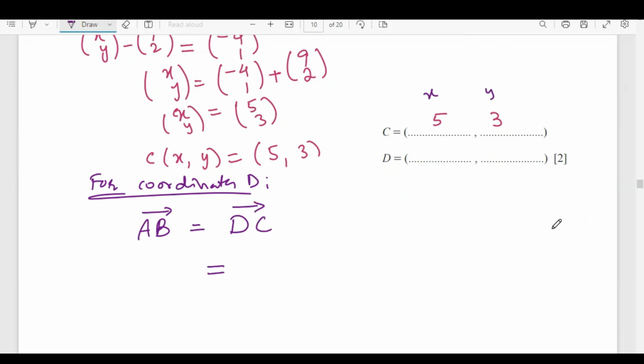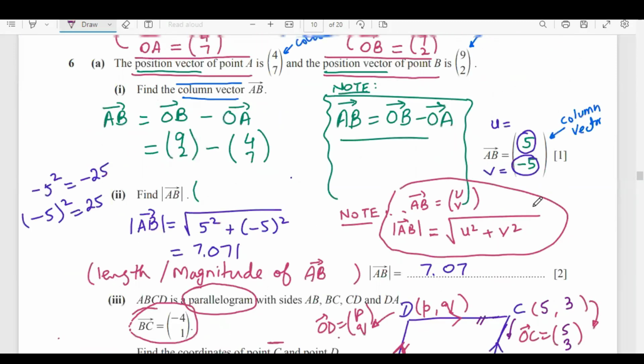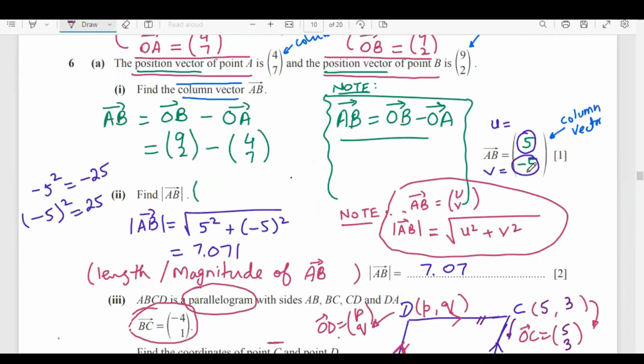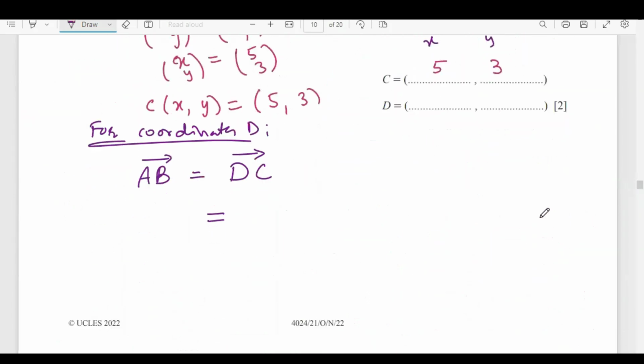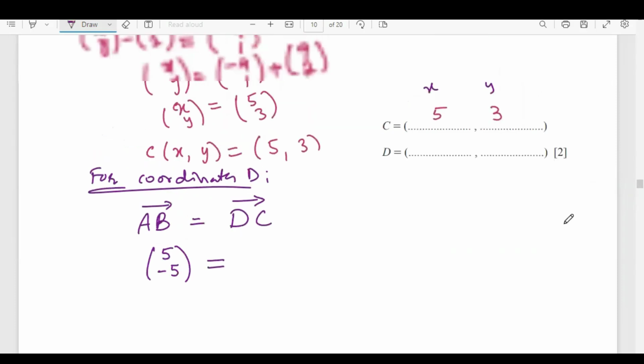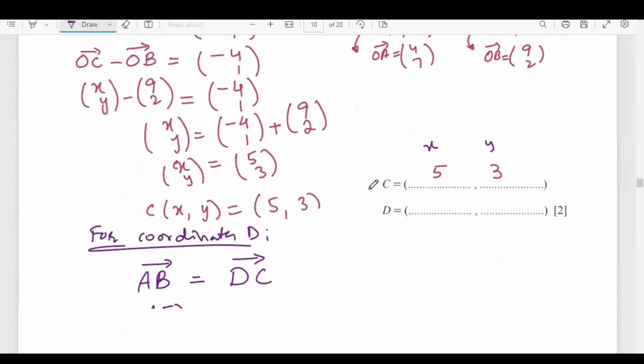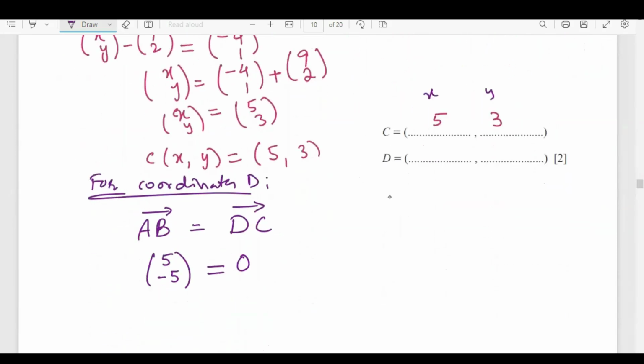We have the value of AB as 5, minus 5 from part 1. Because the keyword coordinates is here, you can use the formula OC minus OD in place of DC.